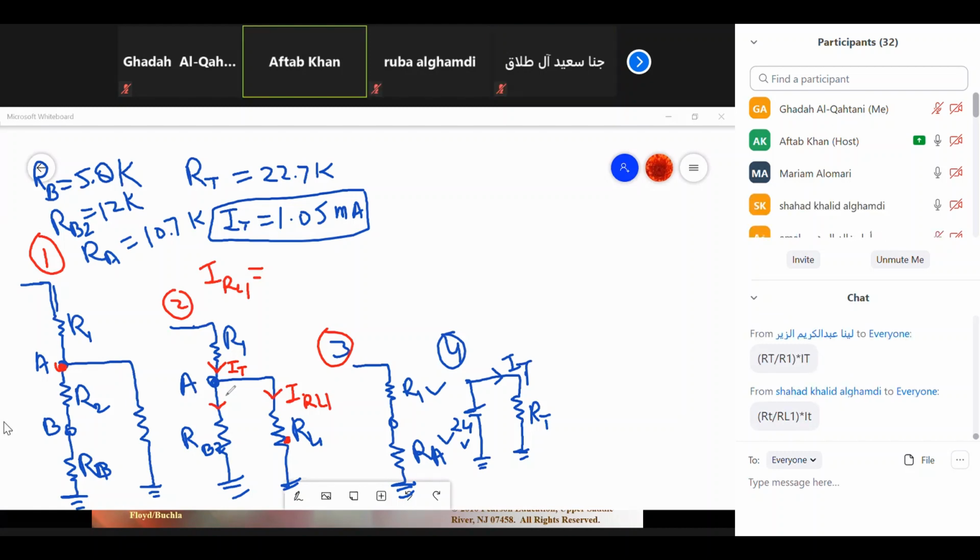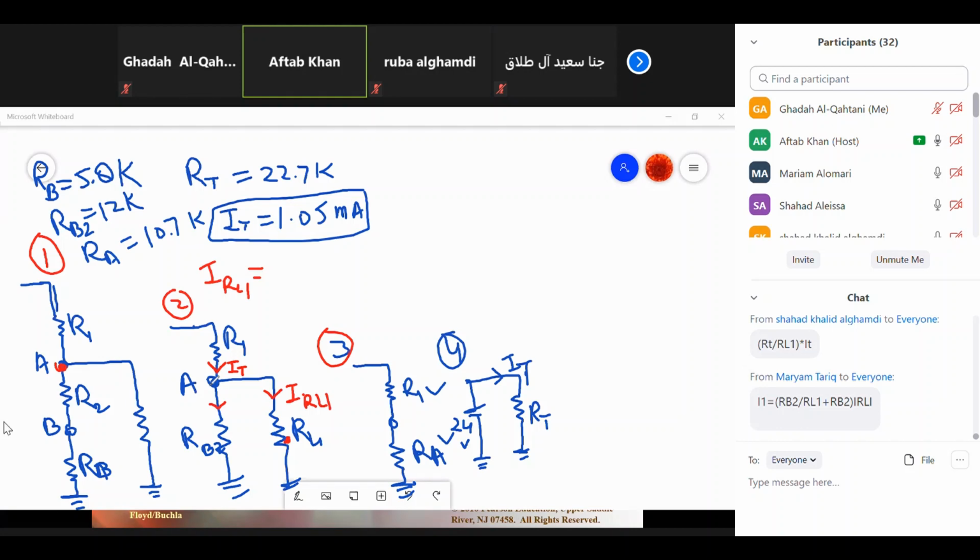All are wrong. Listen, maybe you will get it this time. IT is splitting into two parts, and I want to know how much is this current, this one. See the formula, because you people did not memorize that one. That is the problem. When I want to calculate this one, I will consider the other resistance in the numerator, which is RB2.